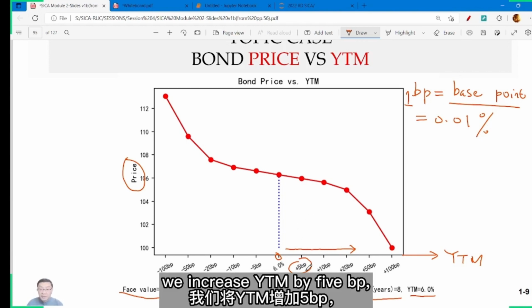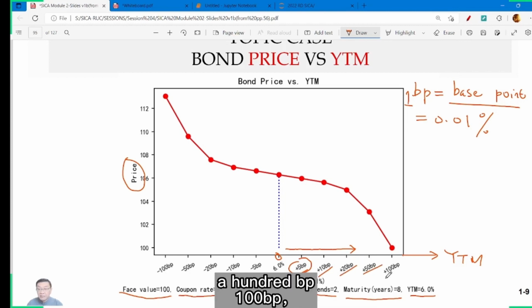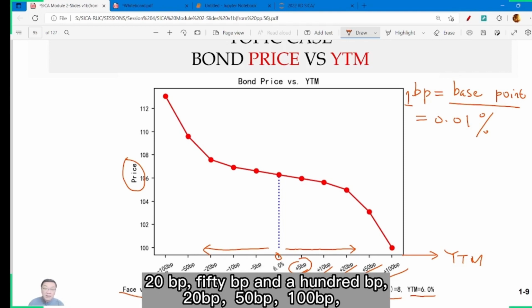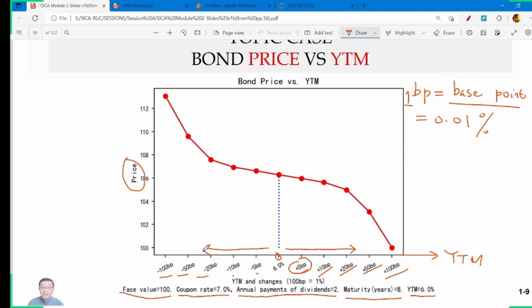We increase YTM by 5 BP, by 10 BP, by 20 BP, 50 BP, 100 BP. And in another direction, we decrease YTM by 5 BP, 10 BP, 20 BP, 50 BP, and 100 BP. In this way, we can compare the movement of bond price.